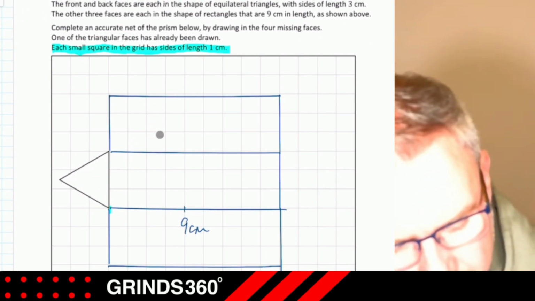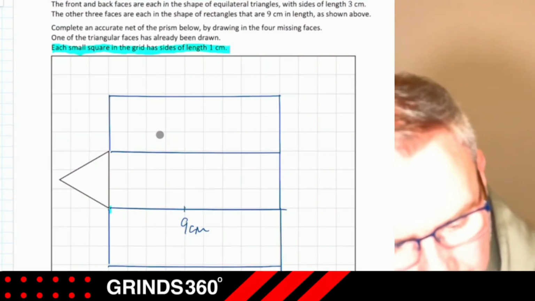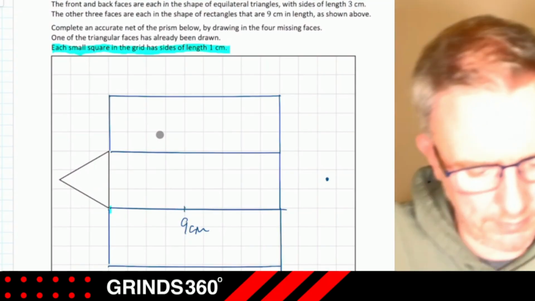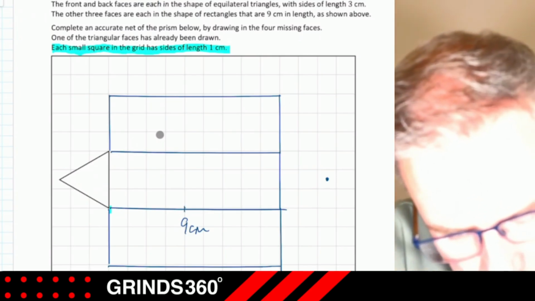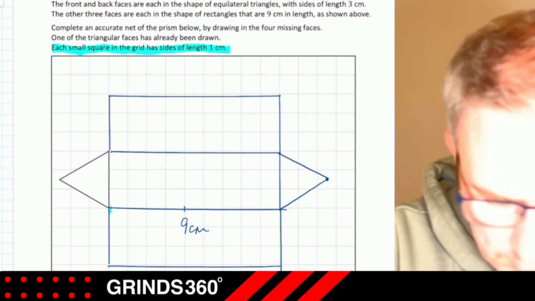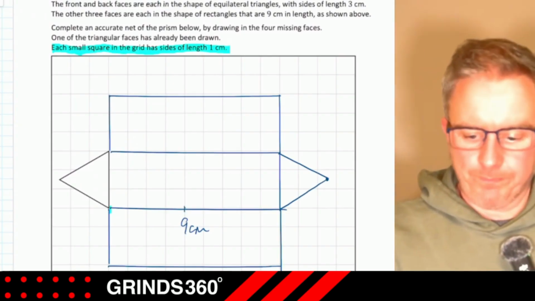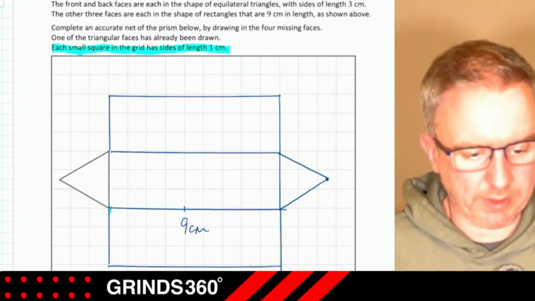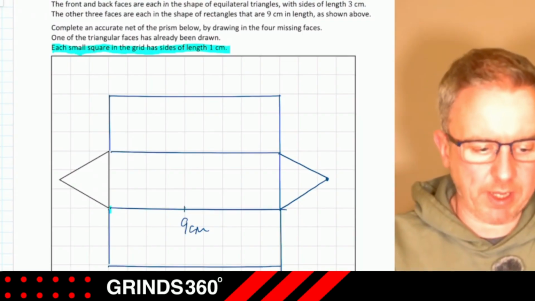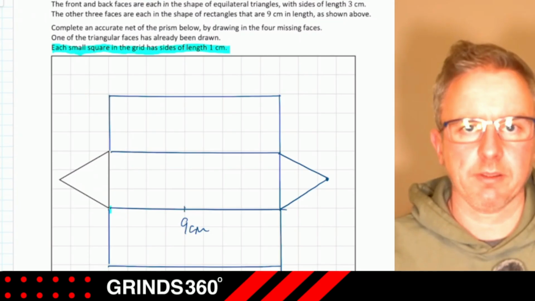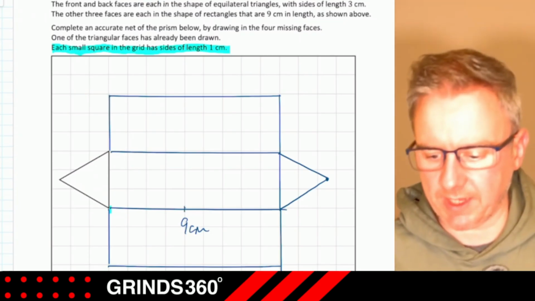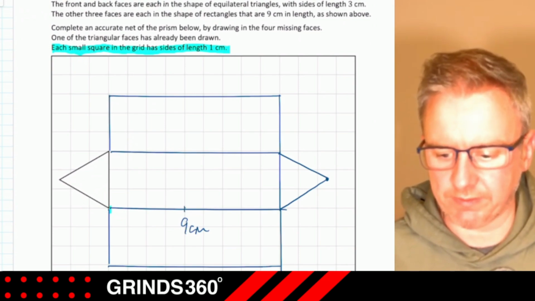Sorry, this one is slightly off. So it would only be about there, okay? Gone too far. And then it will come to there, okay? So you're just keeping an eye on that, okay, to make sure that you have it drawn properly, all right? Now, depending on how you go about drawing the net, okay, you might have something different to the person sitting beside you, okay? But they will accept any correct version of that, okay?